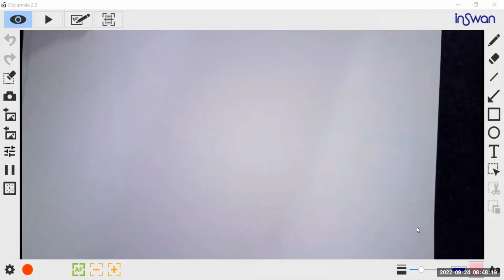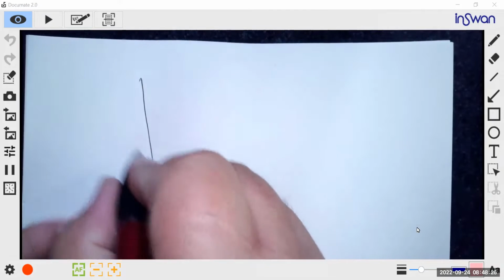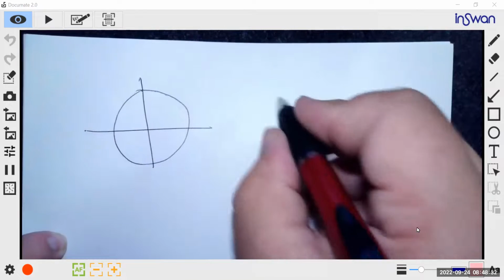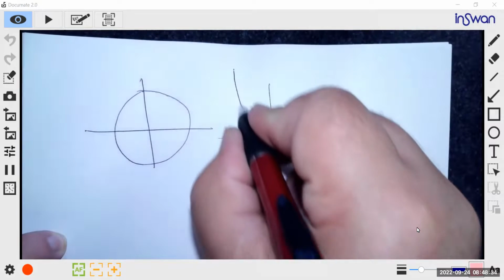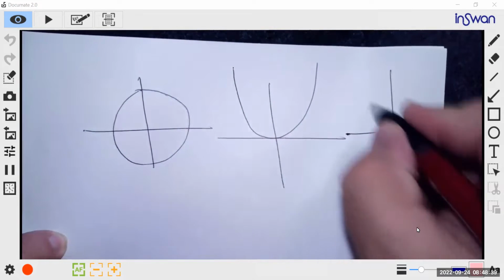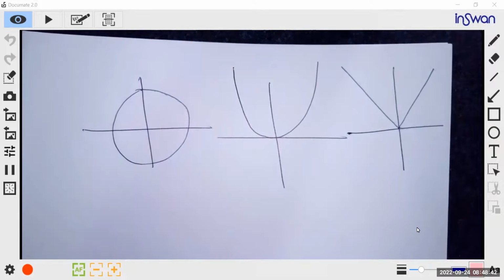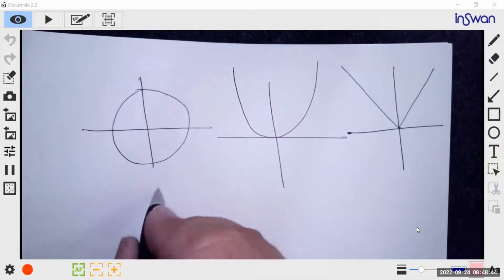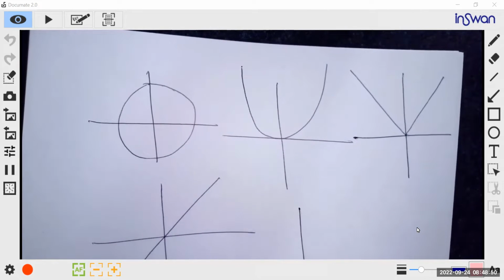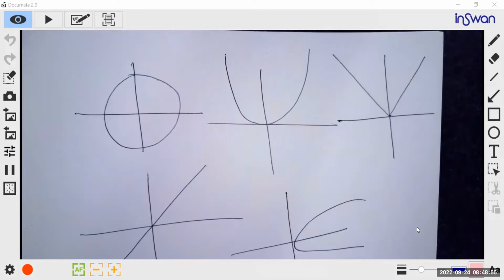Okay, now let me give you a picture, and you tell me if it's symmetric about the x-axis or the y-axis or neither. Okay, let's look at the top three.